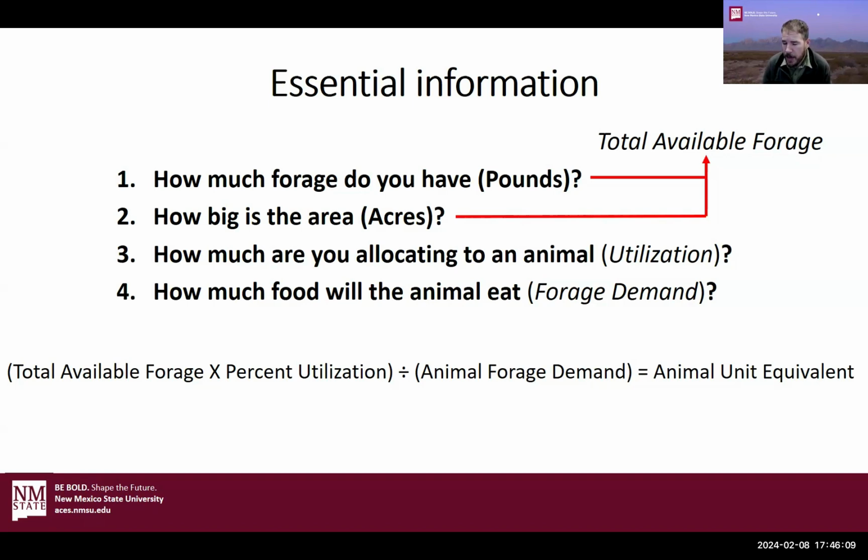You combine numbers 1 and 2 to get total available forage. You multiply how many pounds of grasses or forbs you have by the size of the pasture or rangeland, and that gives you total available forage, and you can plug that in. You can plug each one of these into the equation, and that's why I say this is a key slide.